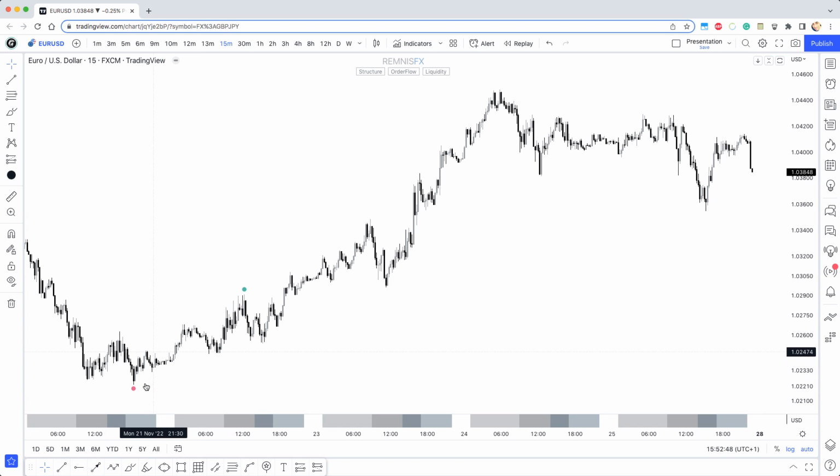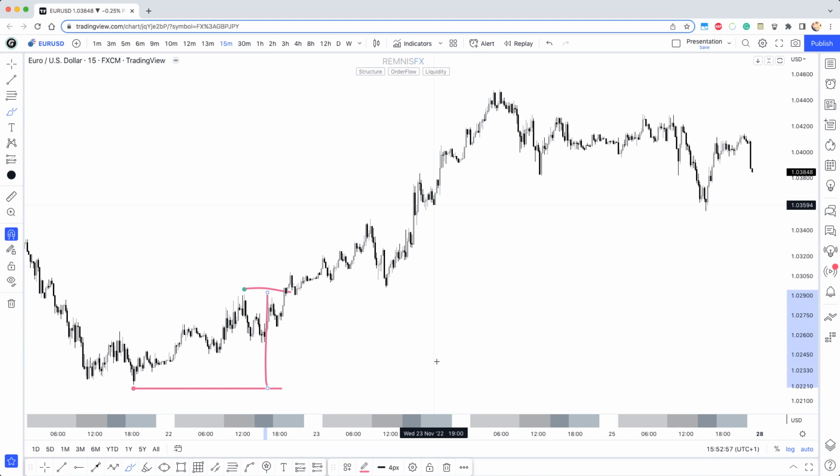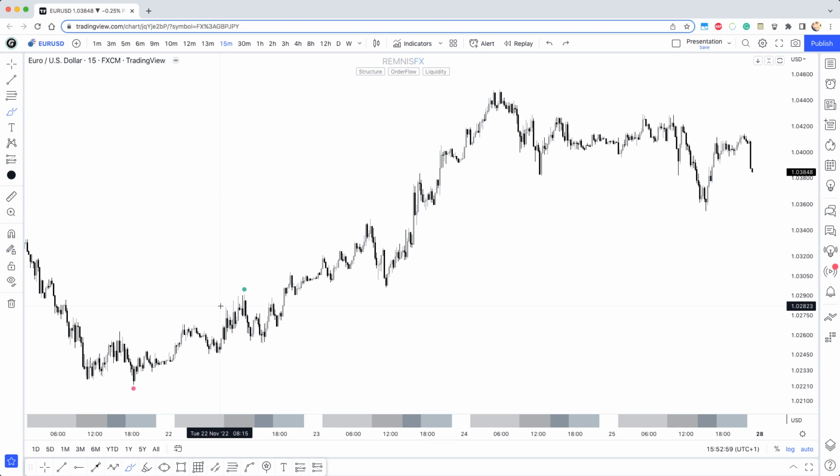Now, why did I mark out this as my higher high? Because everything in between these 2 points is basically your internal structure. Why do I see it like that? Because if we look at this movement, I will change the line for a minute.